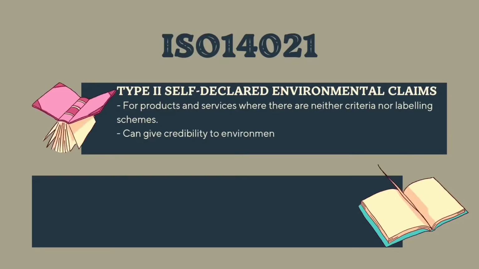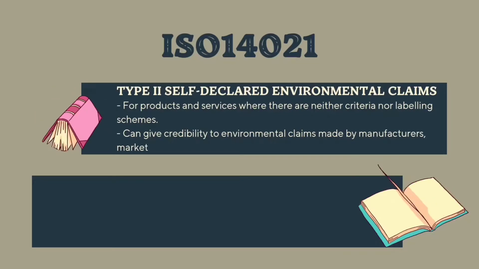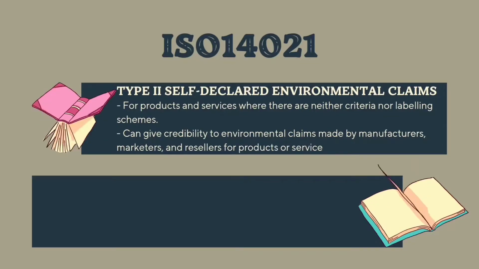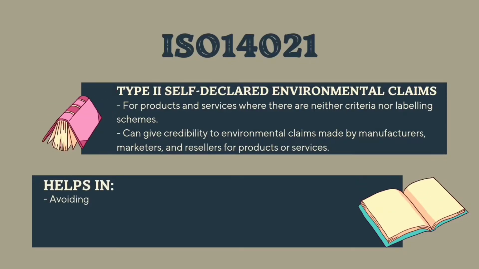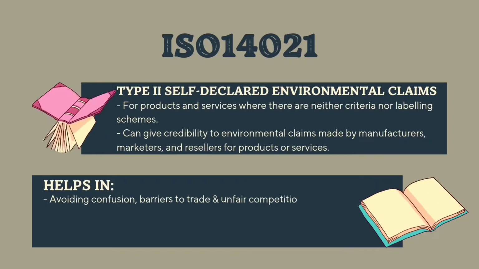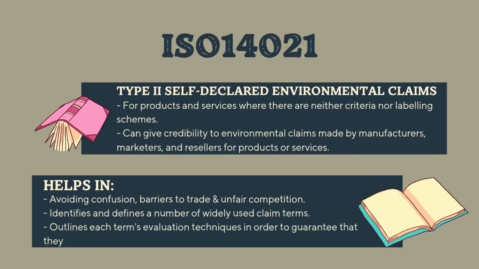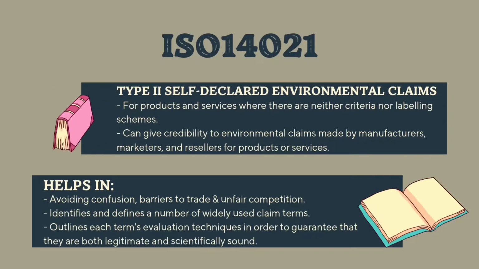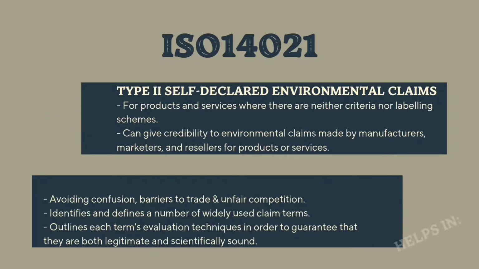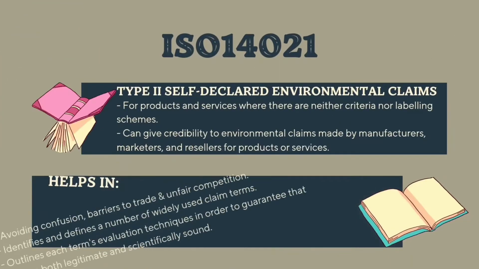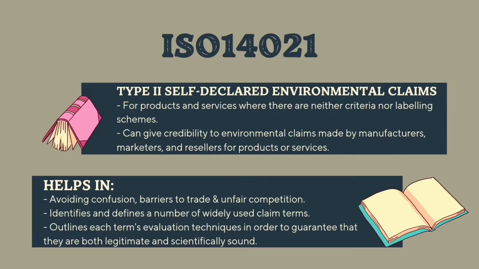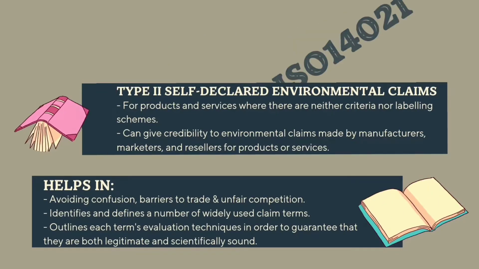It can give credibility to environmental claims made by manufacturers, marketers, and resellers for products or services. Furthermore, ISO 14021 helps in avoiding confusion, barriers to trade, and unfair competition. Secondly, it helps identify and define a number of widely used claim terms. And lastly, it outlines each term's evaluation techniques in order to guarantee that they are both legitimate and scientifically sound.